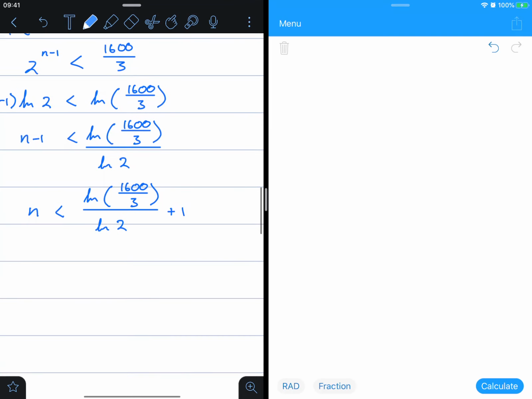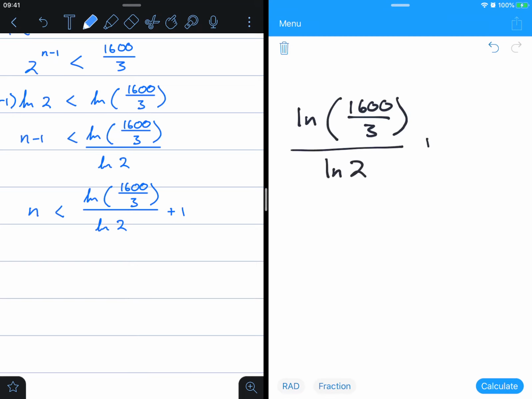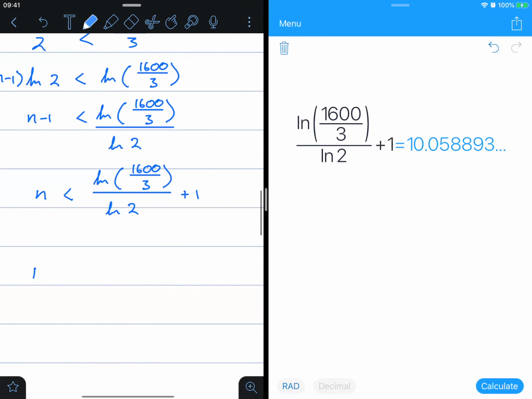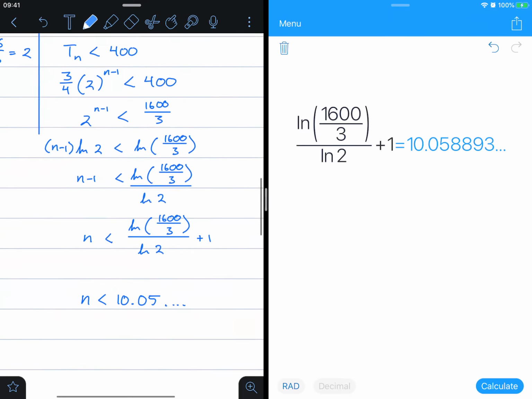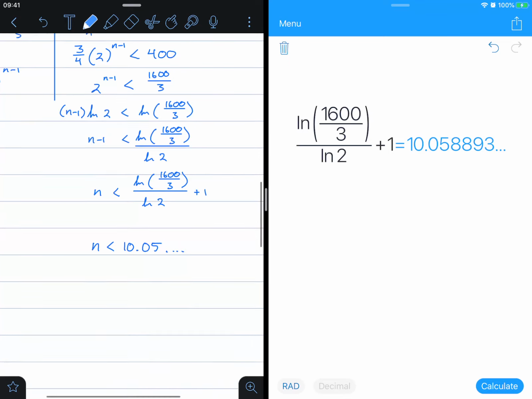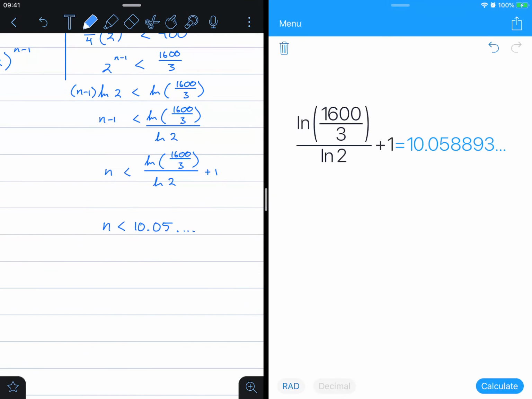Into our calculator, being very careful here, ln of 1600 over 3, all over ln 2, plus 1. This is 10 point, so n is less than 10.05, etc. You can clearly see that the first term that is less than 400 is the 10th term, so 10 terms is our answer.